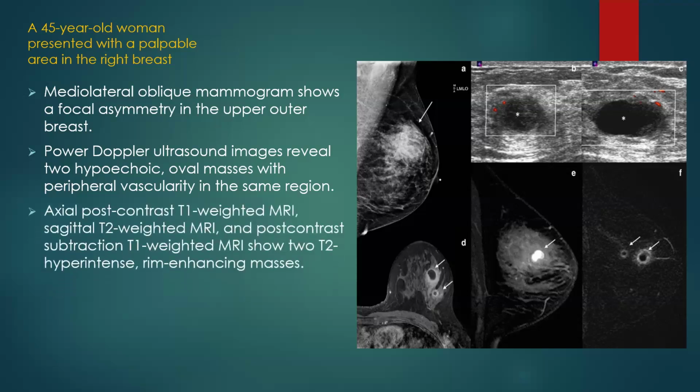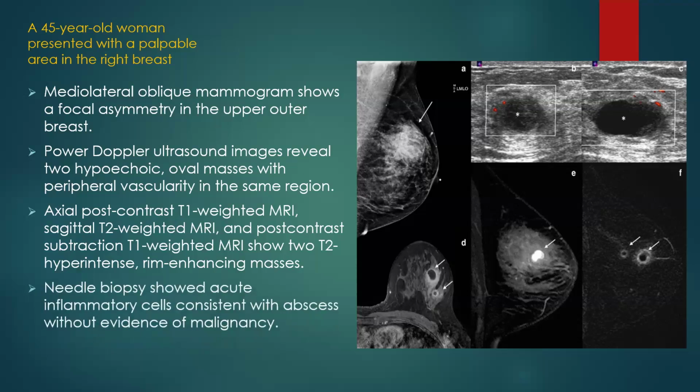The axial post-contrast T1 weighted MRI, sagittal T2 weighted MRI and post-contrast subtraction T1 weighted MRI show two T2 hyperintense rim-enhancing masses. When needle biopsy was done, it showed acute inflammatory cells consistent with abscesses without evidence of malignancy.